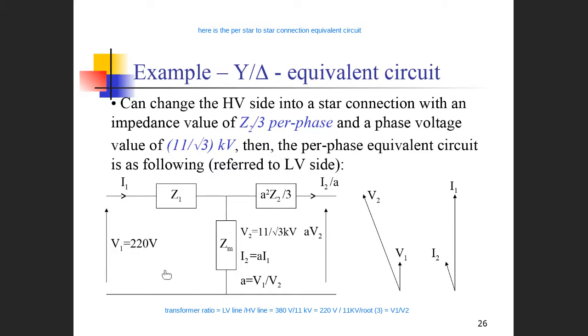Looking at this per star phase equivalent circuit, and in relation to the previous slide, the actual star delta connections, you should understand the relationship later on between the per star phase values and the actual phase values in delta or star, and even the line values.